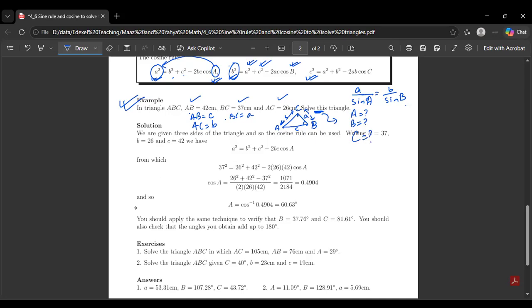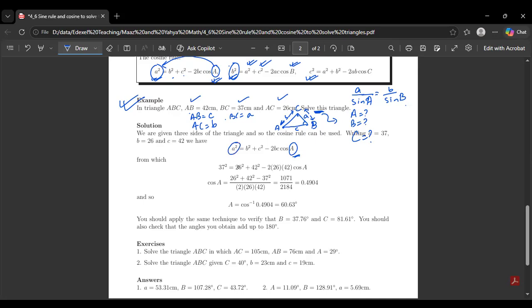Now you're going to use the cosine rule since we can't use the sine rule. I have already explained that concept. If you are working for A, make sure that the angle A is written here, and the side of A has to be written here as well.